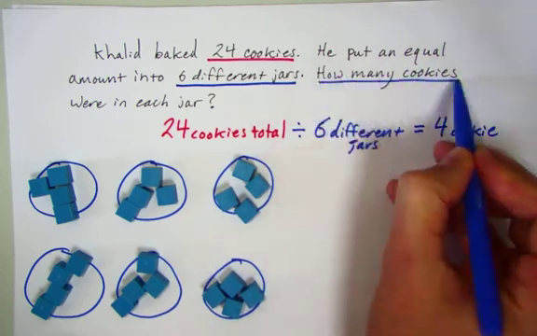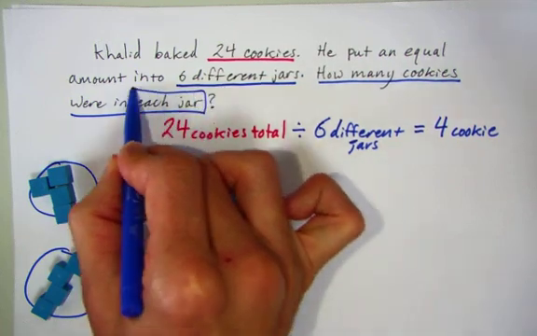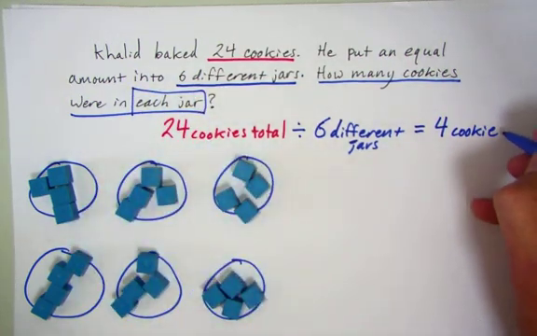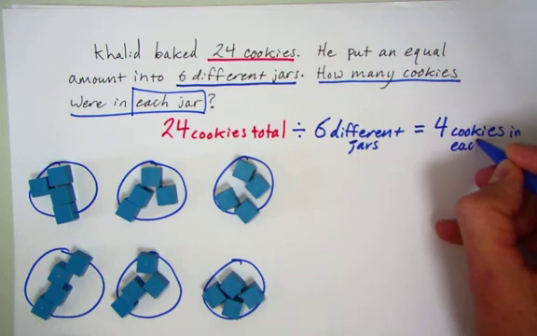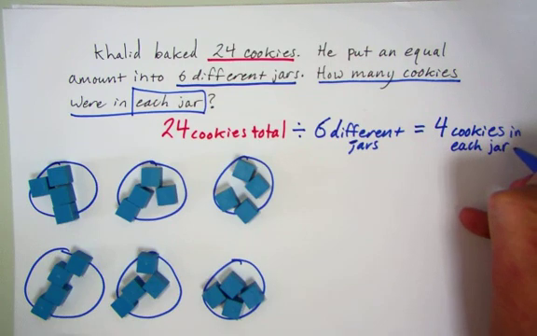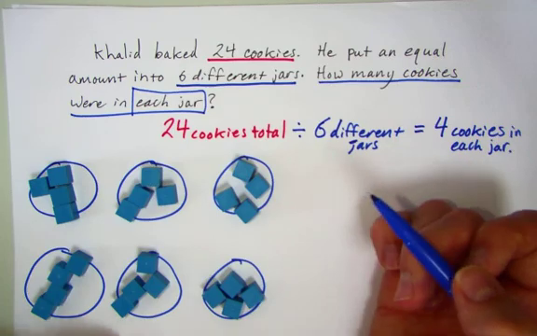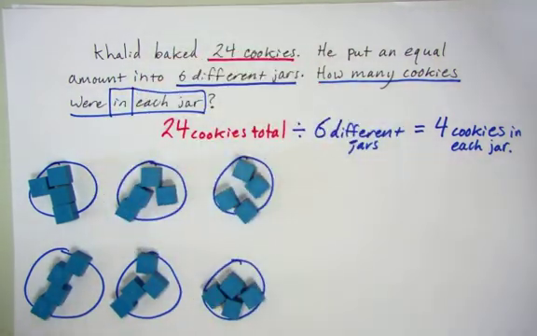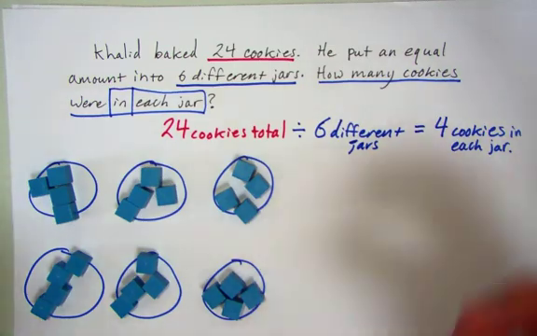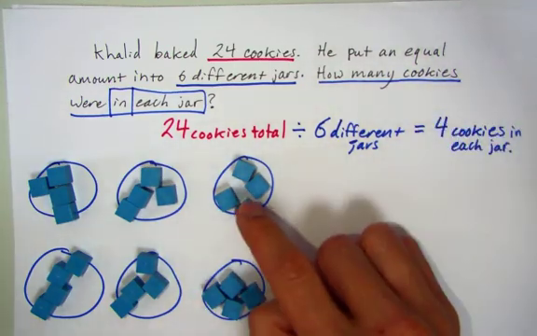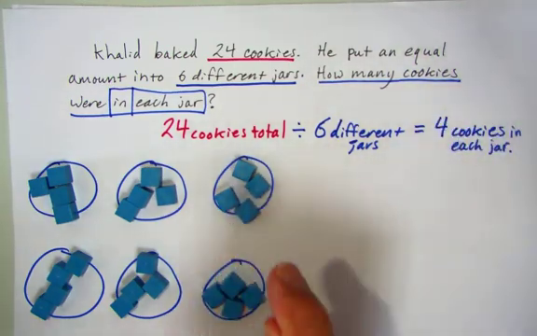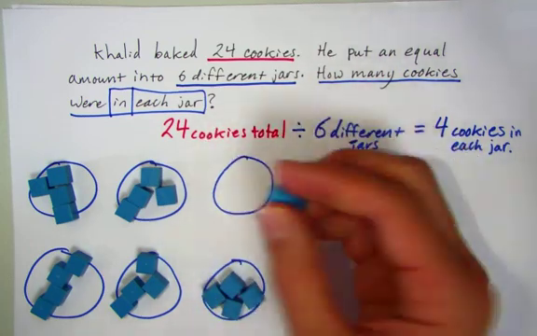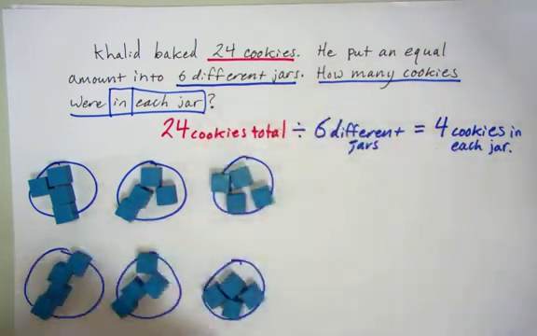How many cookies were in each jar? 4 cookies in each jar. It's always important to put that in each jar also, because that tells us that there are 4 cookies in each jar, not 4 cookies total, but in each jar.